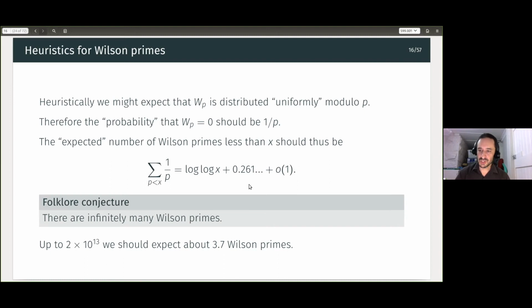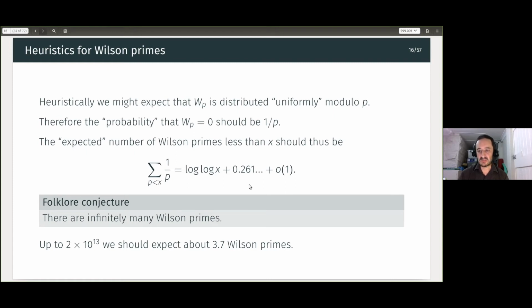Okay, so about this question about how many Wilson primes we expect. Heuristically, you might guess that this W_p, a number modulo p, should be sort of uniformly distributed, whatever that means. I mean, it doesn't quite make sense because it's really deterministic, but you could try to formulate that statement in a probabilistic way, something about density, for example.